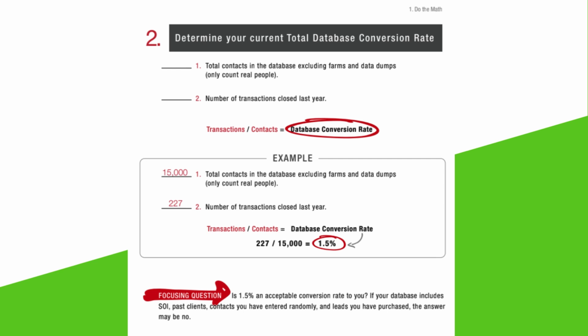Opposite. My listings are 405 average, my buyers are 372.